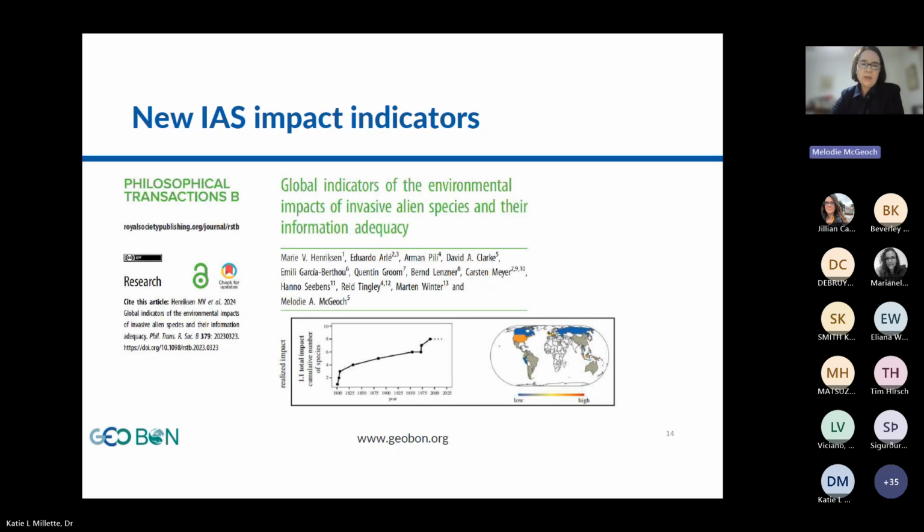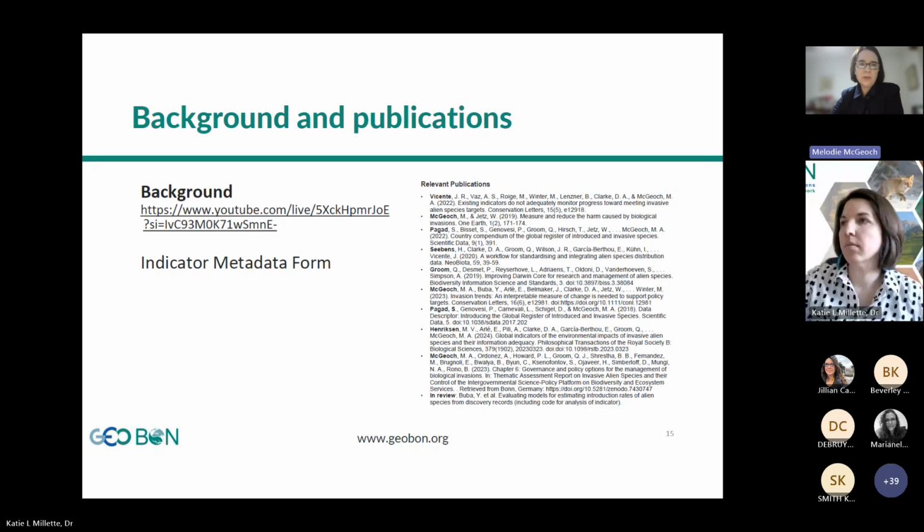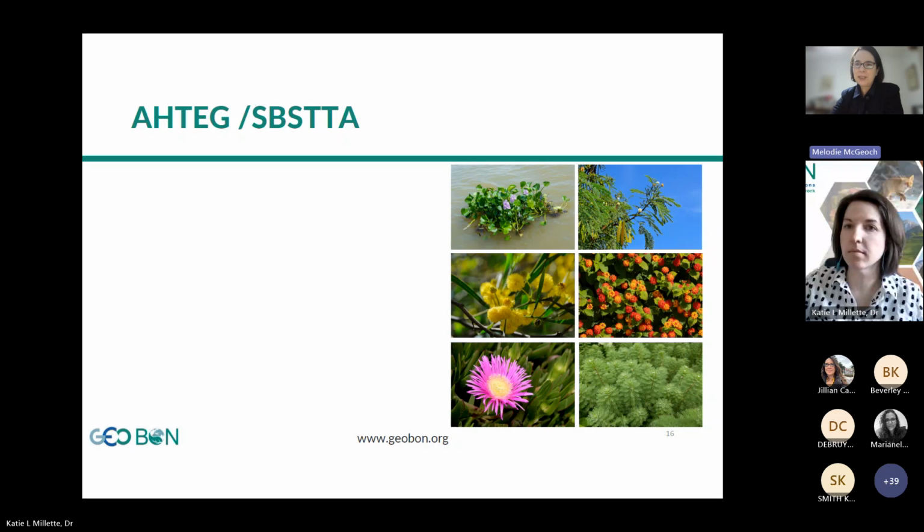So I won't go into any of the detail here, but just refer you to this publication if you're interested in producing indicators of impact. Next slide. So listed on this slide is the range of publications that I've referred to in the presentation to date. And I might hand over to Katie.